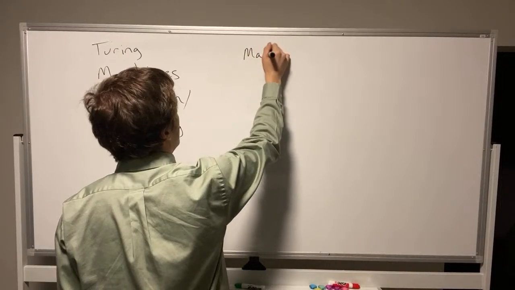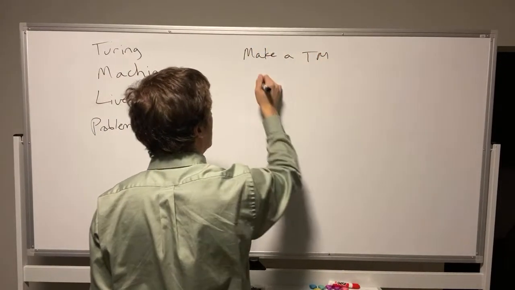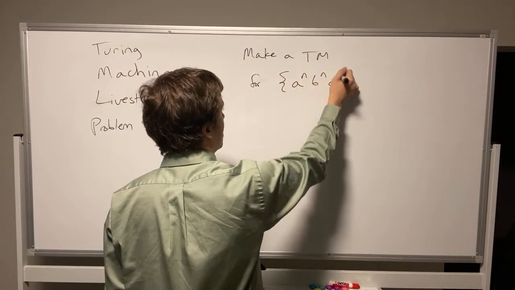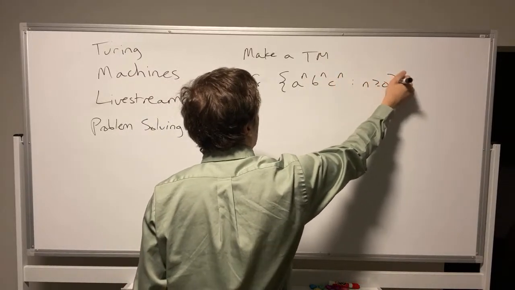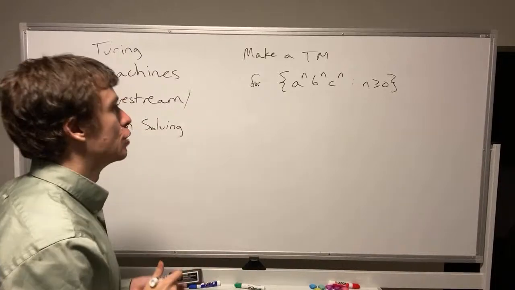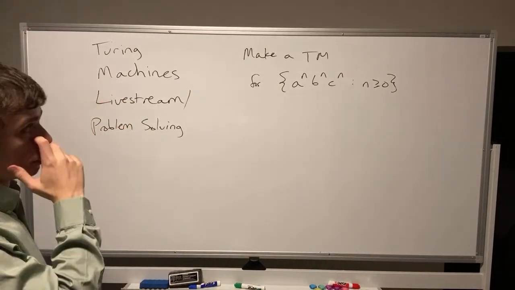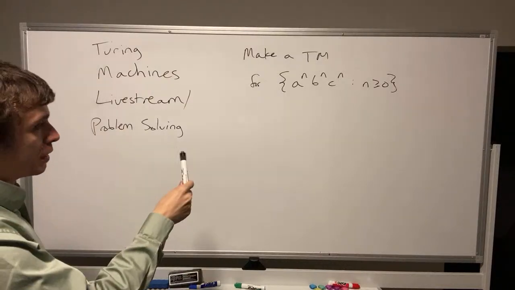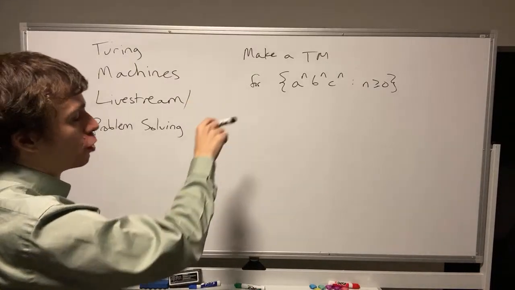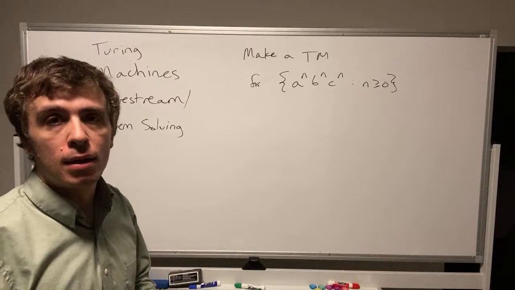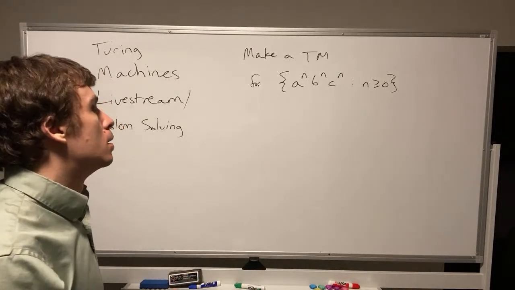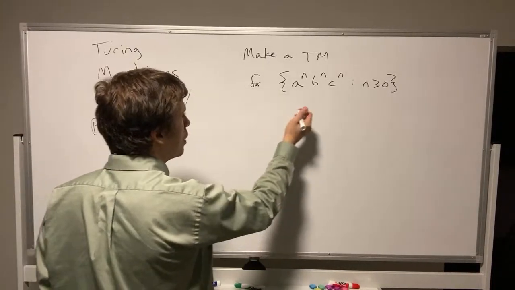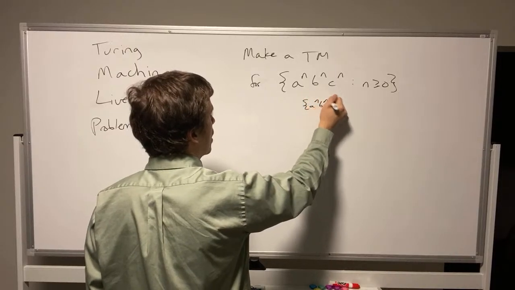So let's make a Turing machine for, let's say, A to the n, B to the n, C to the n, which is a nice language to have because one, it's not super trivial to implement a Turing machine for this, but also because it allows us to show that some Turing machines can do non-context-free languages like this one. All right, so the way to kickstart this off is, what would a Turing machine for, let's say, A to the n, B to the n look like?